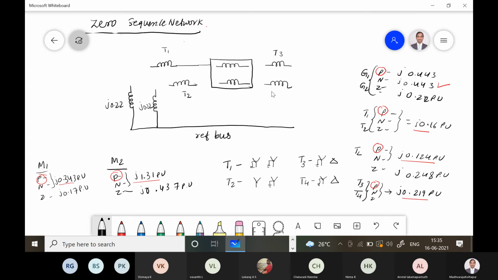So T3 and this is T4, and motor 1 and motor 2. Motor 1 and motor 2 are also given as star grounded. Both cases star grounded. Here also star grounded.